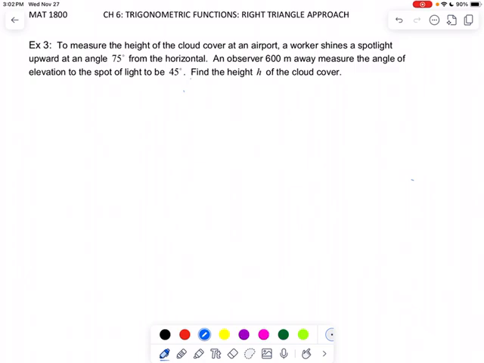So what is the situation? So we have a cloud somewhere here, and it doesn't matter which side you put the worker and which side you put the observer. So let's say this is C. This point is C, and this point is where the worker is shining the light.